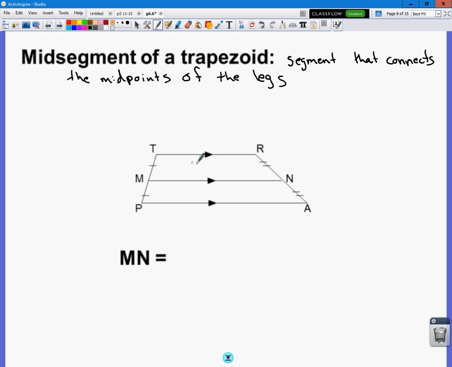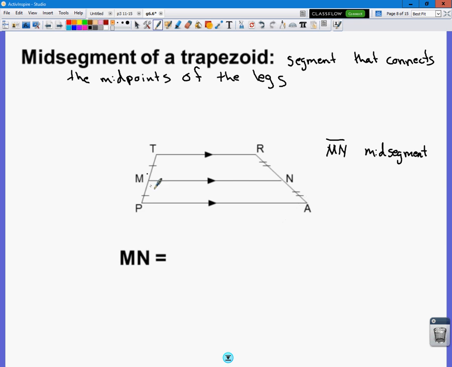If you take a look, MN in this figure is a mid-segment. I can tell it's a mid-segment because M is a midpoint. It cut it into two equal pieces. N is a midpoint because it cut it into two equal pieces.